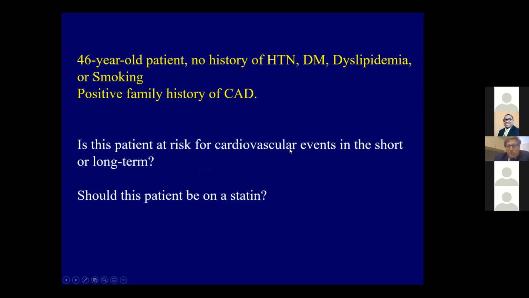Is this patient at risk for cardiovascular events in the short or long term? Should this patient be on a statin? So again, the calcium score can help us further to answer this question in a younger patient who's potentially looking at the need for a lifelong statin or not.